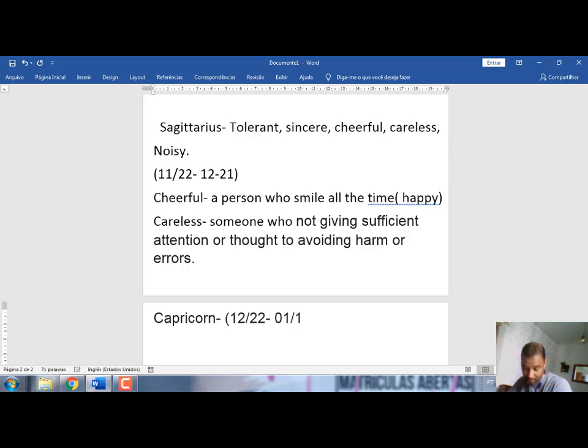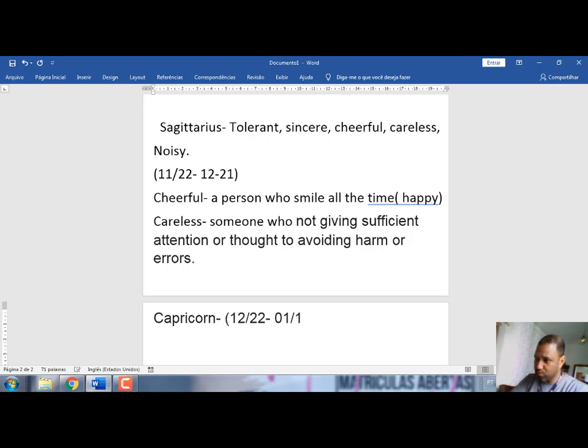Charming, right? A beautiful, very, very charming person. Peace loving, a person who loves peace. Superficial, right? Superficial like Portuguese. And easily influenced. Okay? Pay attention if you are one of those.